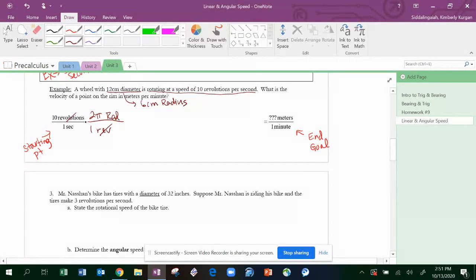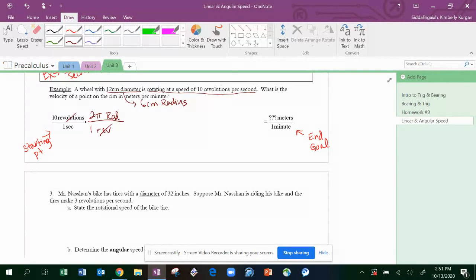So our revolutions are going to cancel, which is great. Now we're in radians per second, and if we multiply across, this would be 20 pi over 1 radians per second. Hey, that means we're in angular speed. Just by multiplying by that, we got to angular speed.